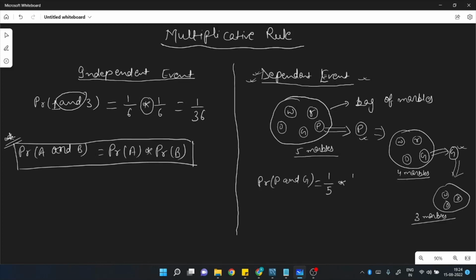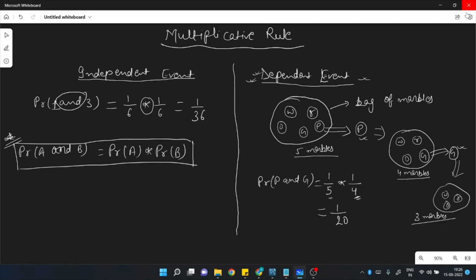But what happened here? We took out the purple marble, so only 4 marbles were left. The number of total possible outcomes decreased, because this is a dependent event. So the probability of getting purple and green will be 1 by 20.